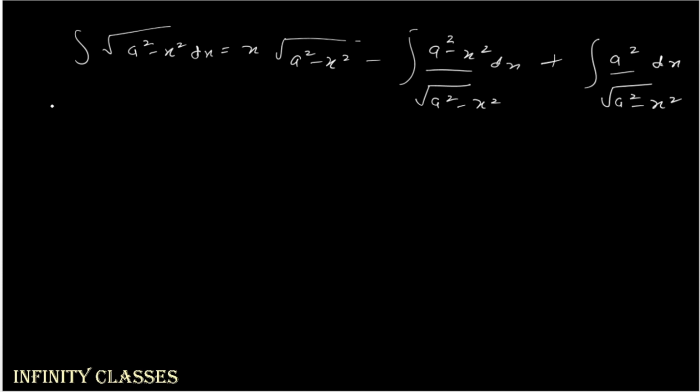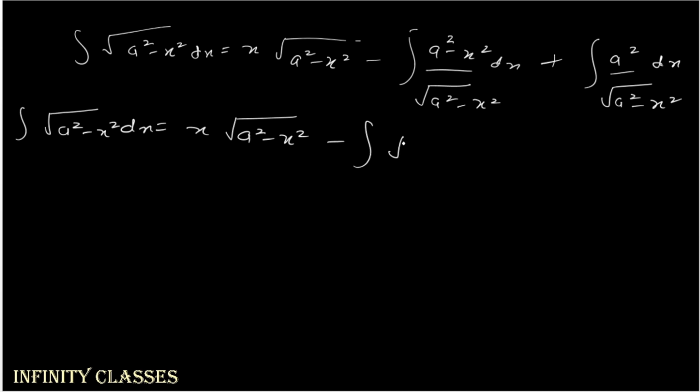Now we will simplify this. It is integration of root a square minus x square dx, and in the first part the numerator is power 1 and the denominator is power half, so it will be root a square minus x square dx, and the other is a square, integration of 1 upon root a square minus x square dx.